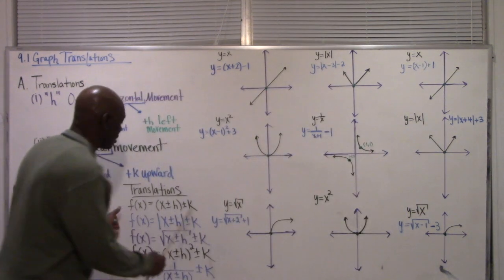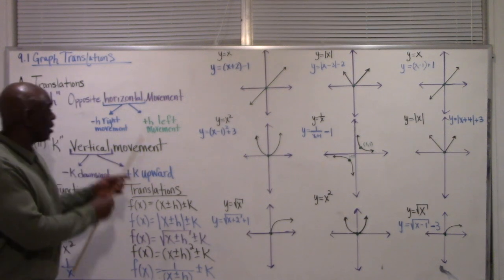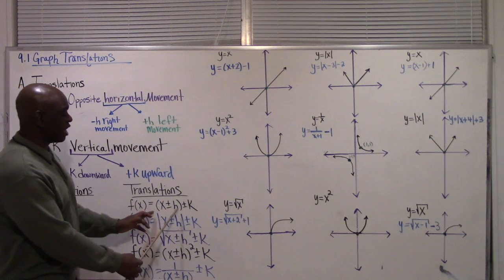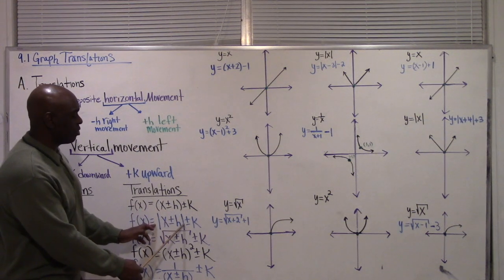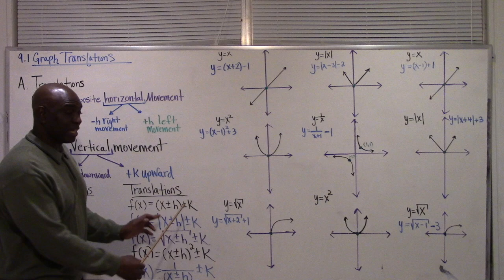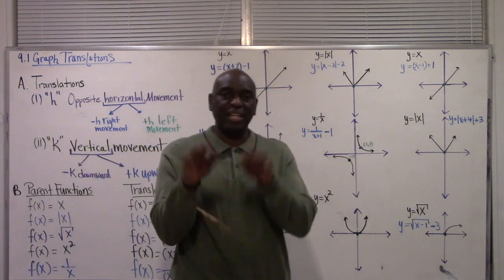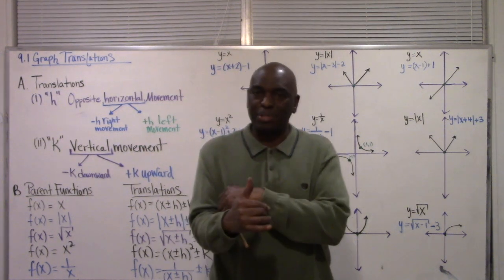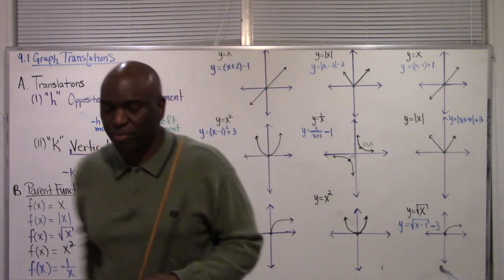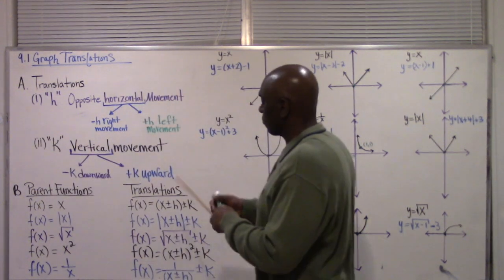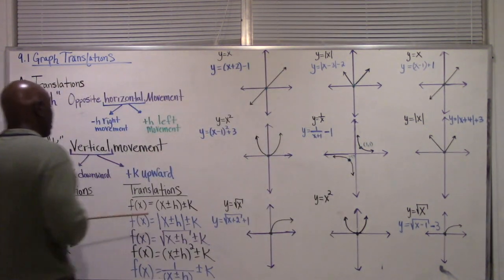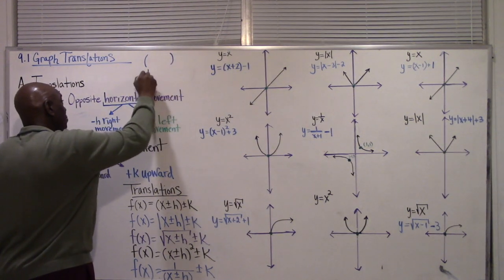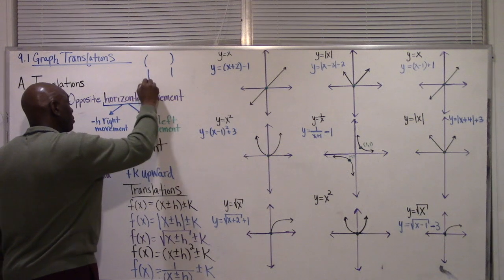And what does this inform us of? Horizontal or vertical movement. If it's h, it's in parentheses, or in the absolute value, or under the radical.